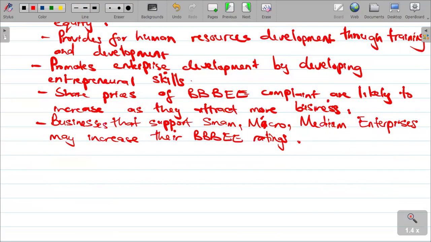The purpose of the Skills Development Act.